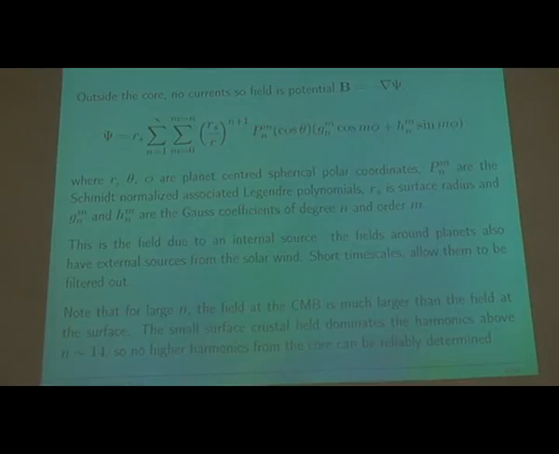It also means, the bad news, that you're never going to be able to work out what the internal fields are that are due to large n components, because by the time they get to the surface, they are so contaminated by other things. There are, of course, magnetic fields from the sun that mess things up.